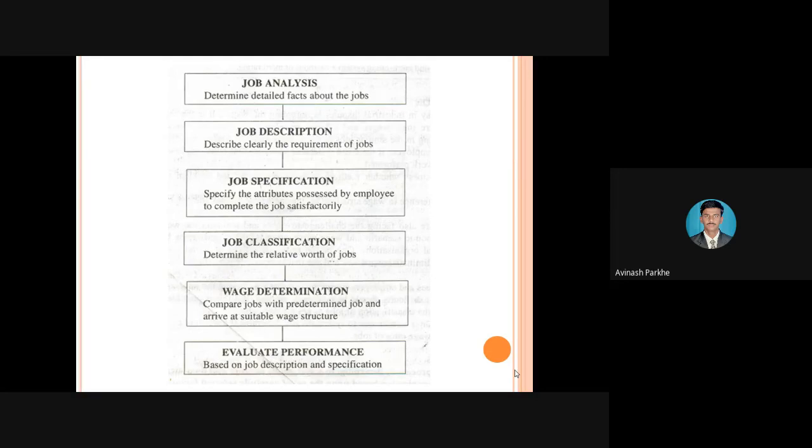Job specification specifies the attributes of the employee to complete the job satisfactorily. Then job classification, wage determination, evaluate the performance. The basic small keywords are represented under each step, and from these keywords also we can understand the procedure of job evaluation. So you can keep this figure for your study purpose.